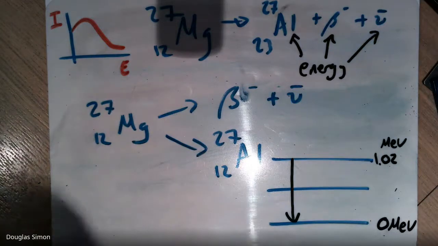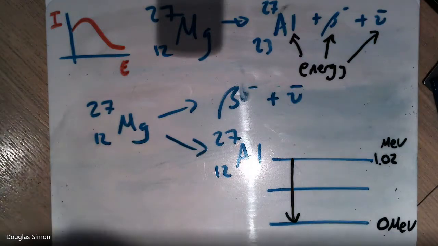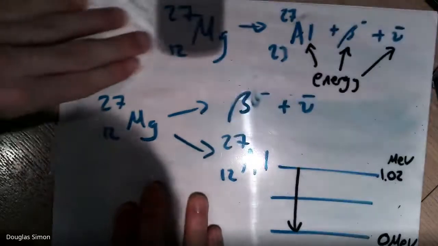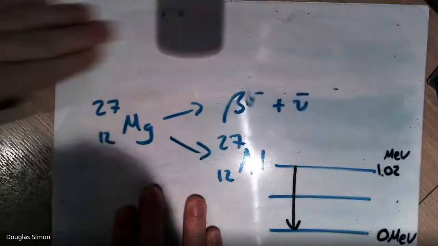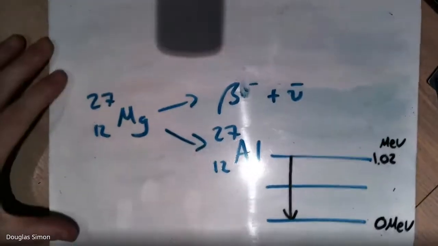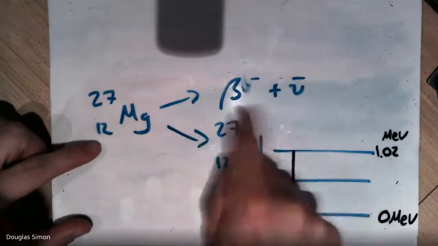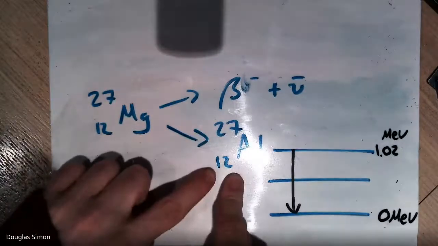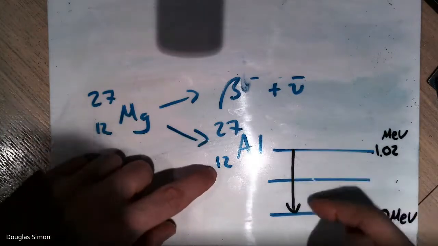So you'd probably see these things drawn something like this diagram here. So you've got some nucleus, it emits some particles, it turns into another nucleus, and then that nucleus moves down energy levels.